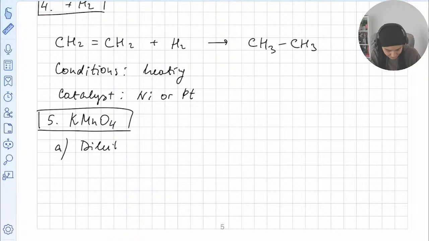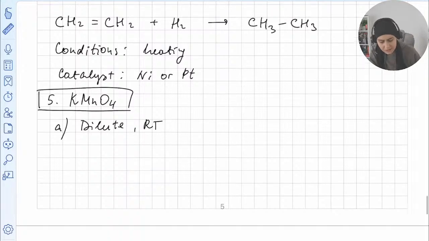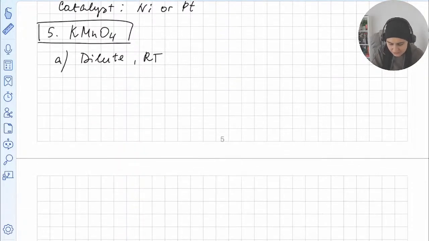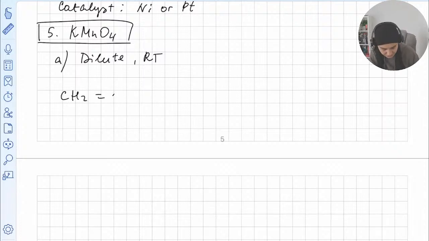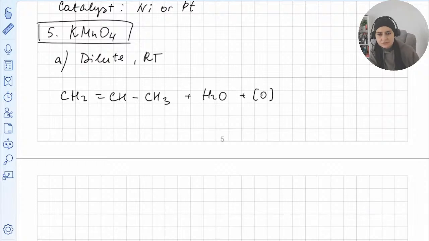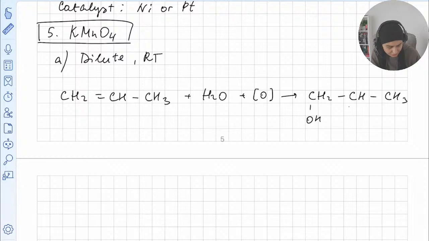So if it's dilute and at room temperature, then what happens is you just have oxidation into a diol. Oxygen is like the oxidizing agent, and you just form a diol. So you remove the double bond, make the bond single, and add OH and OH.